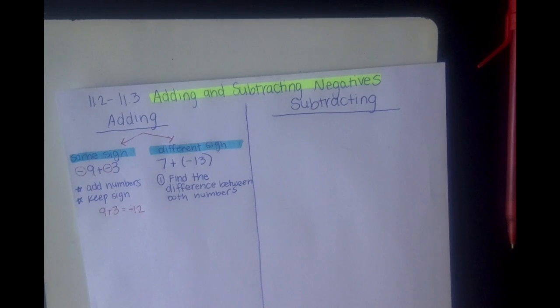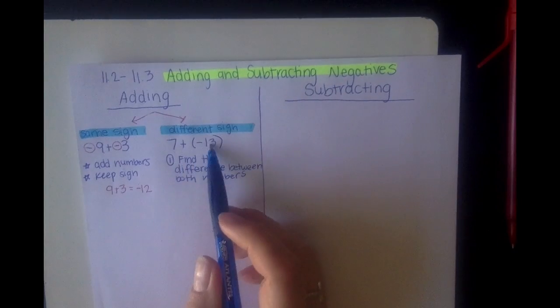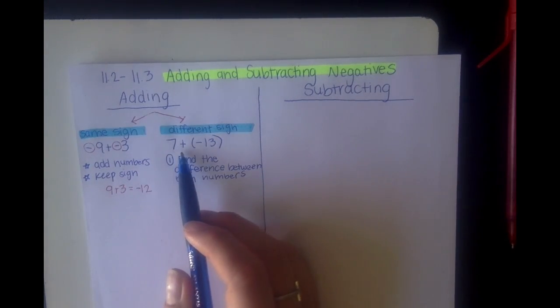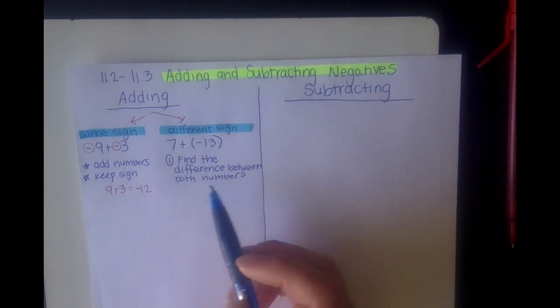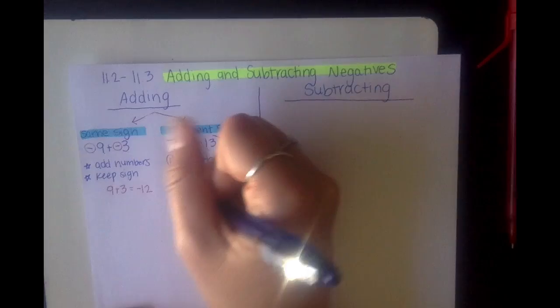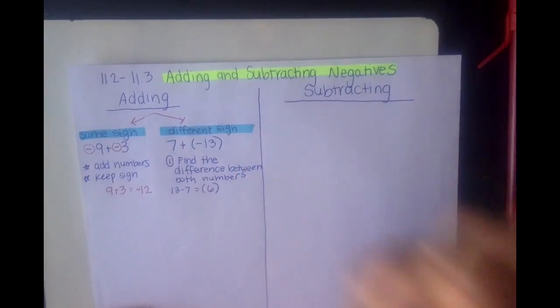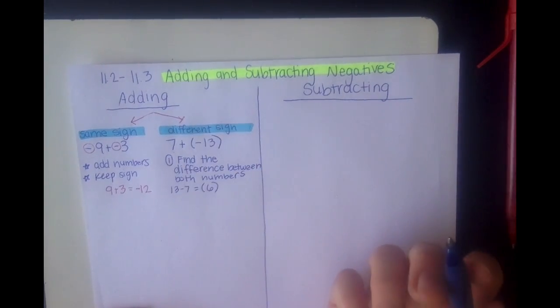When you find the difference, you're thinking more of absolute value. So I'm thinking just 13 and 7. 13 minus 7, I know that difference is 6. You can also think the absolute value of 7 minus 13 would be 6.